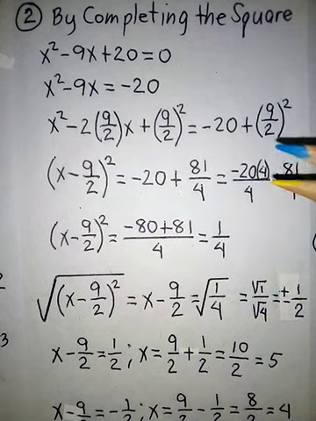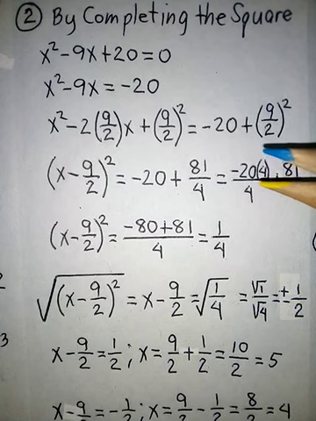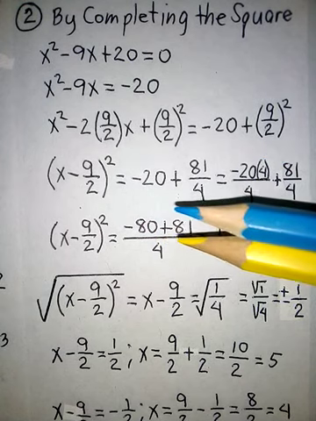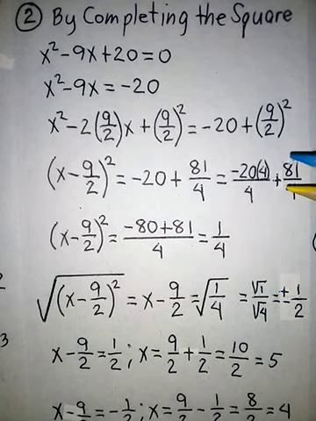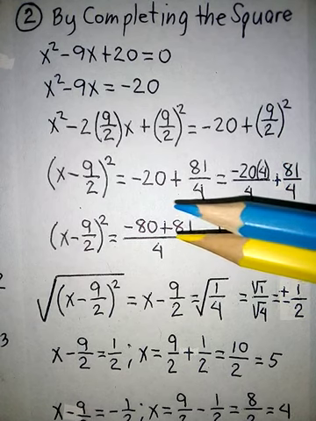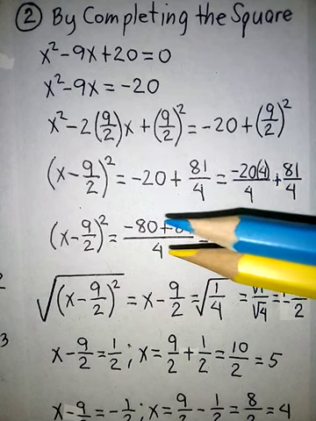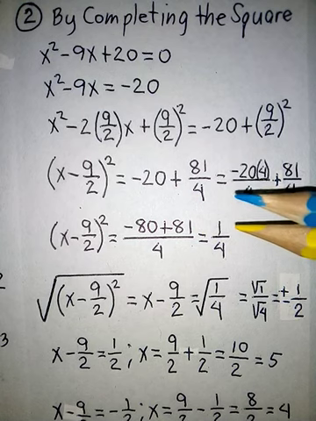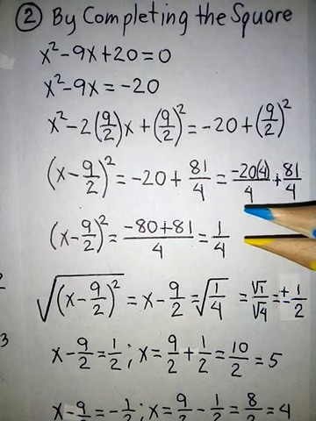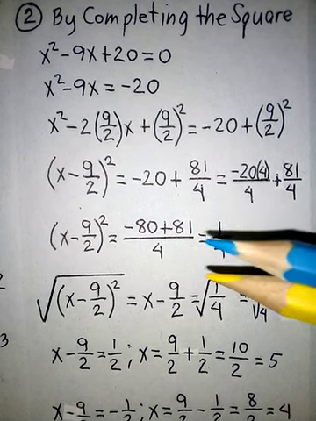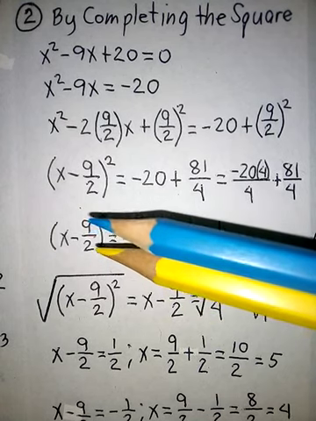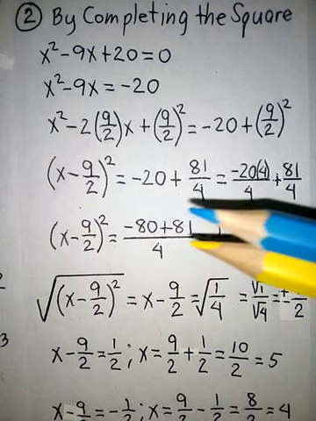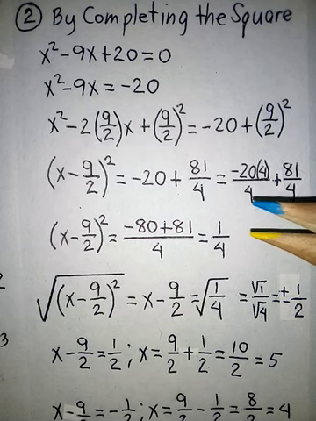And then simplifying this, negative 20 times 4 is negative 80 over 4, and then plus 81 over 4. So negative 80 plus 81 is equal to 1, and then over 4. Therefore, quantity x minus 9 over 2 quantity squared is equal to 1 over 4.